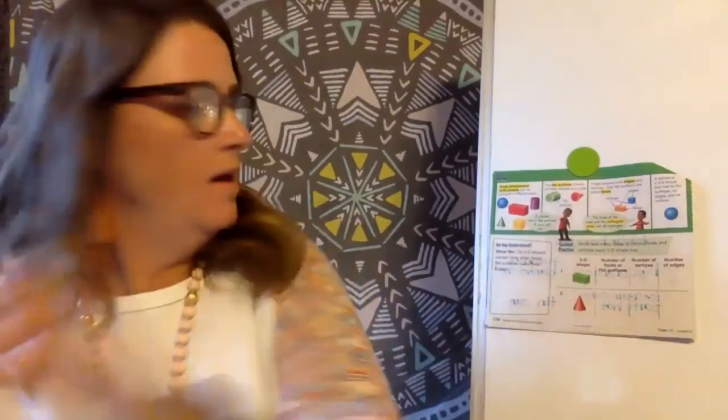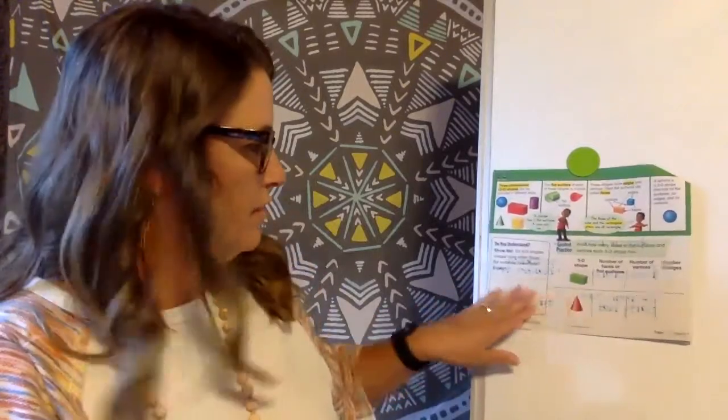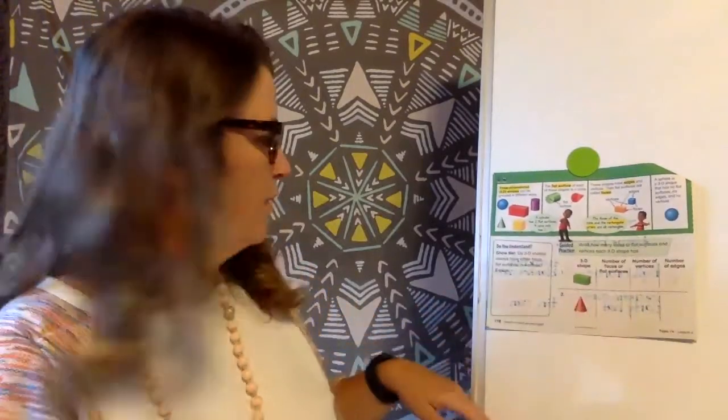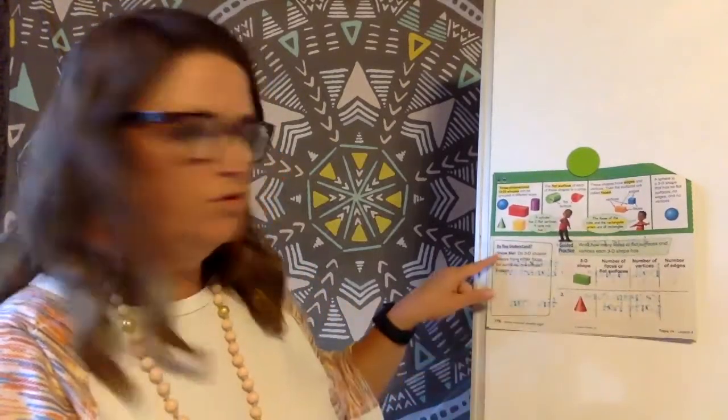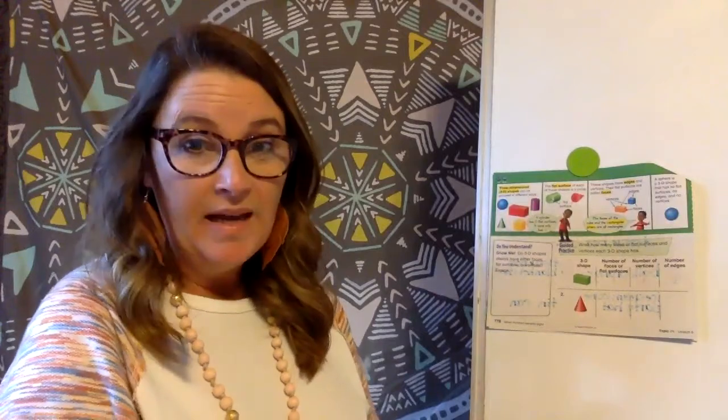All right, okay. So let's go in here, and again, where I wrote in this, you see some where the marker came through, but that's okay. Look at your Do You Understand Show Me box. It says, do 3D shapes always have either faces, flat surfaces, or vertices? And it says to explain. Do they always? That means every time. If you answered no, you're correct.